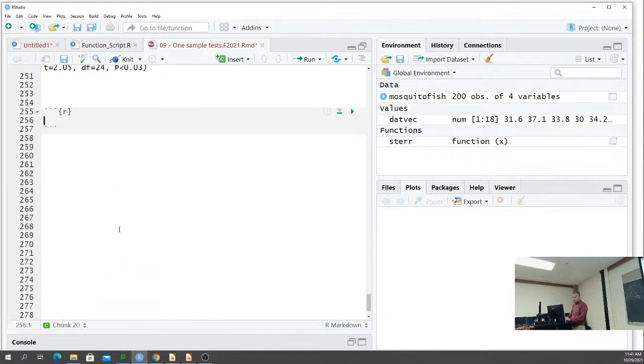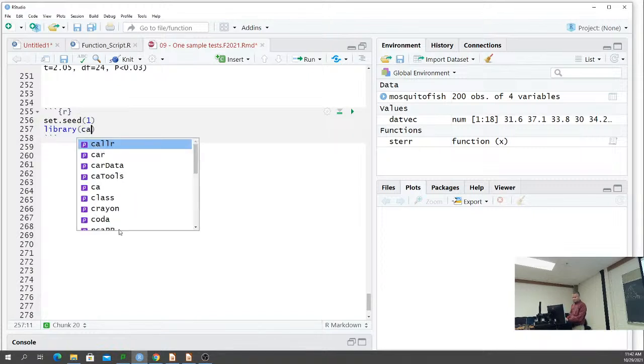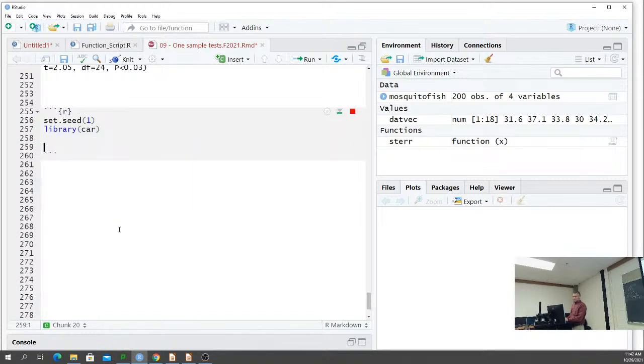All right, so if we follow the null distribution, then our sample mean is just a random sample of that population, and it can change. So I'm going to set the seed to 1. Library car.